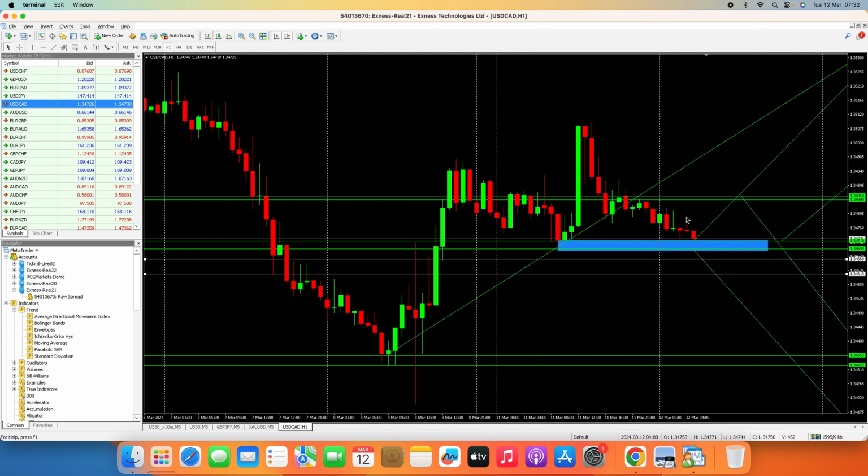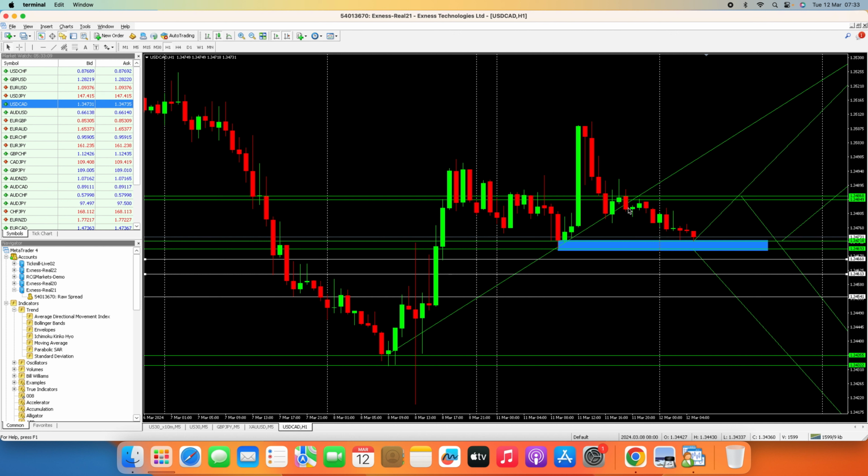And if we break these two levels, definitely the next one will be this area to look into. And if that area also gets broken, I add another additional sell trade. And my final TP will be here at the bottom around price 1.34355. That is how I am looking at this market.